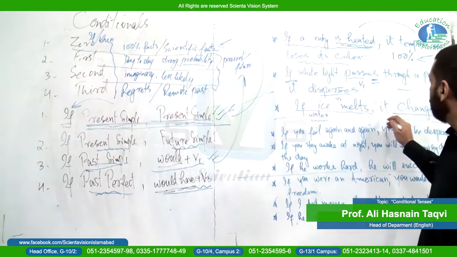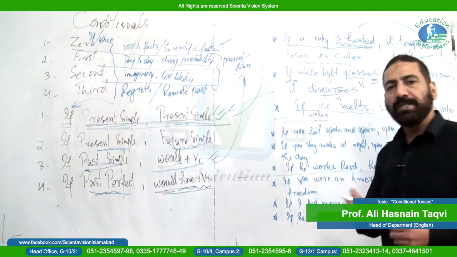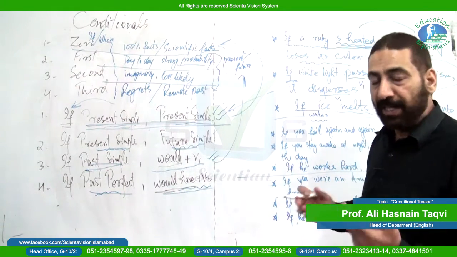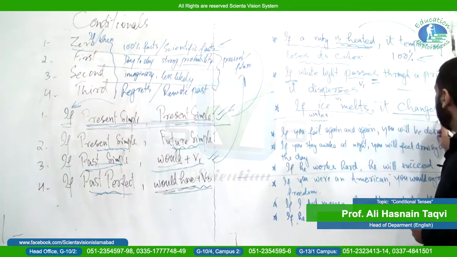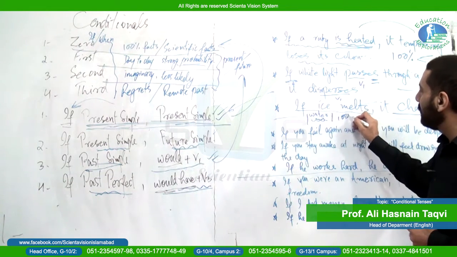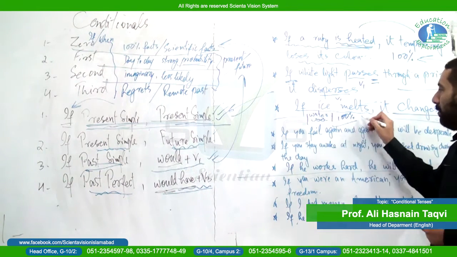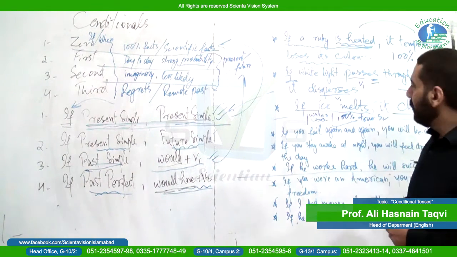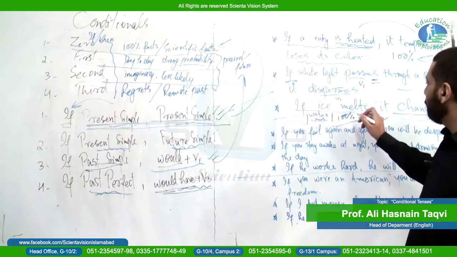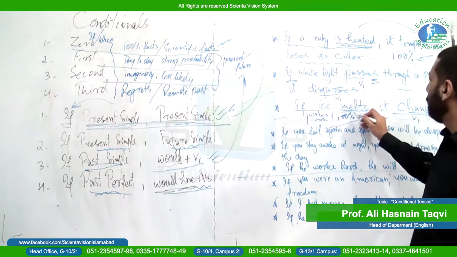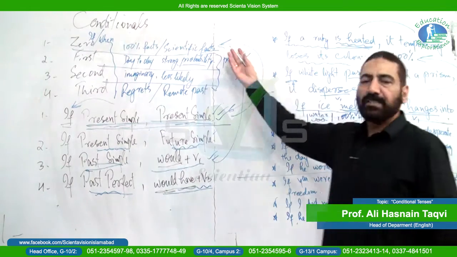Can we say if ice melts, it changes into money or it changes into chocolate? Cannot be the case. When it cannot be the case and every time it has to be based on this fact, that means it is a 100% true scientific fact. Right? Based on this understanding, we use present simple, and that is zero conditional then.